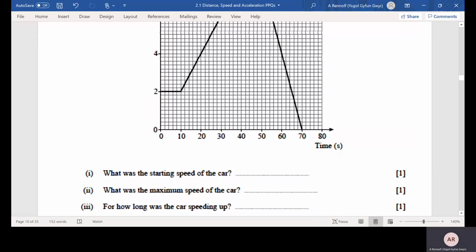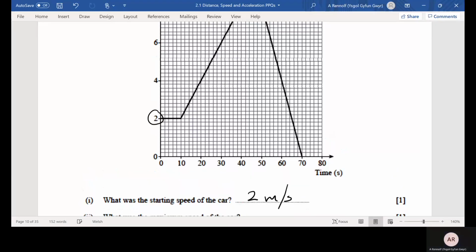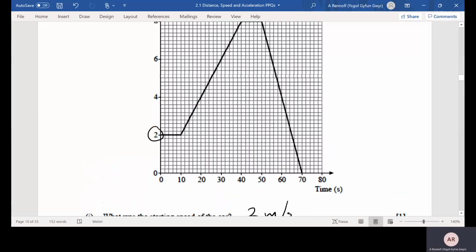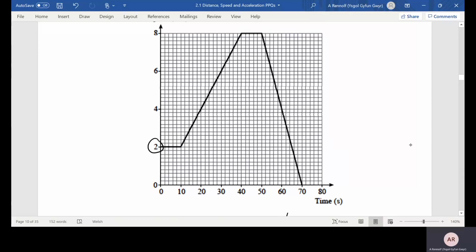What's the starting speed of the car? 2 is where we start off. Again, we need to give a unit with that, 2 meters per second. What's the maximum speed of the car? Well, the graph takes us up to 8 meters per second. And then how long was the car speeding up? Well, we start accelerating at 10.